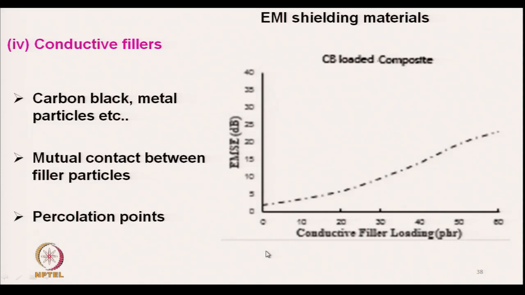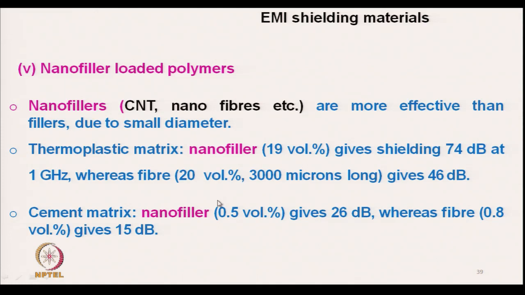In the x axis, the conductive filler loading is shown, and as the loading increases, electromagnetic shielding effectiveness increases. This is due to mutual contact between filler particles. Those were the normal macro particles.